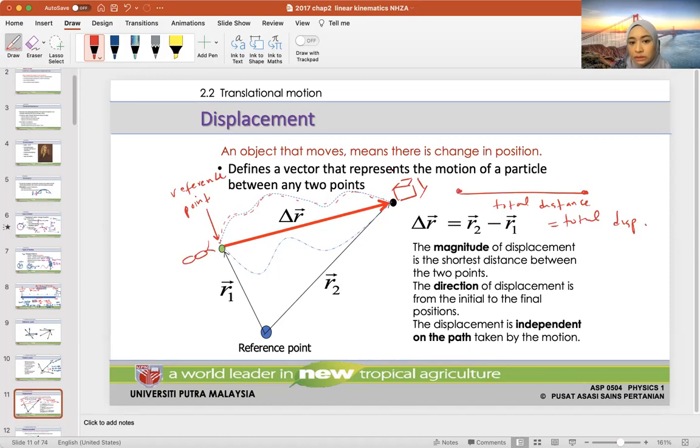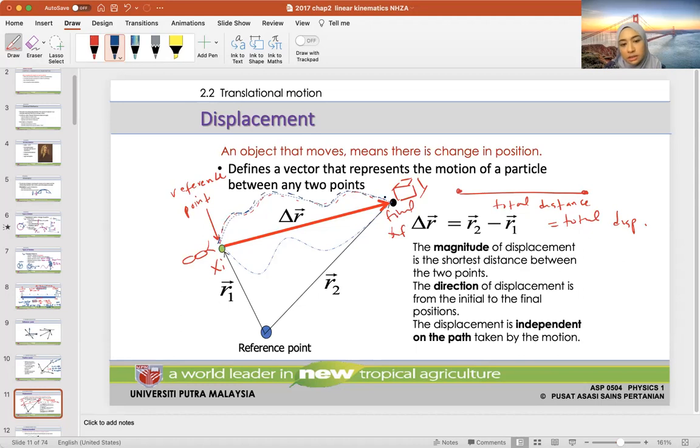So, the total displacement is from the final XF to the initial XI. This is the displacement. But the total distance is this one, the dotted line yang tak jadi dot dah. So this is the difference between distance and displacement.